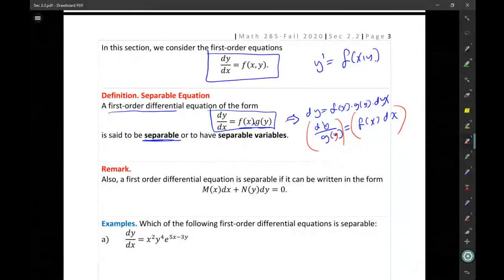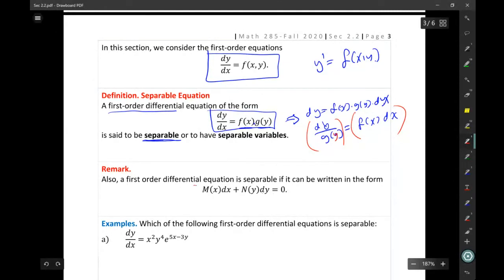Also, we have a first order separable equation if it is written in the form M of x dx plus N of y dy is equal to 0. Now, this equation here, you can write it in the form M of x dx is equal to minus N of y dy.